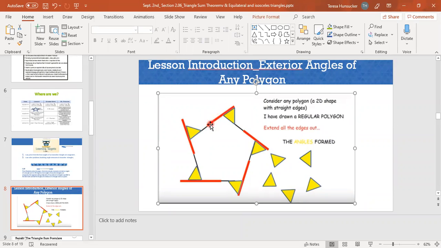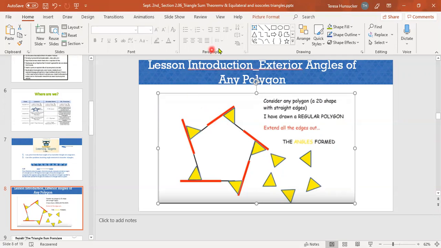The extension segments are in red. If you extend the top left side of this pentagon, you end up with an exterior angle in yellow. So exterior angles are formed by extending sides. All the angles in yellow are formed by extending the sides of the pentagon, and each of those angles is outside the pentagon.